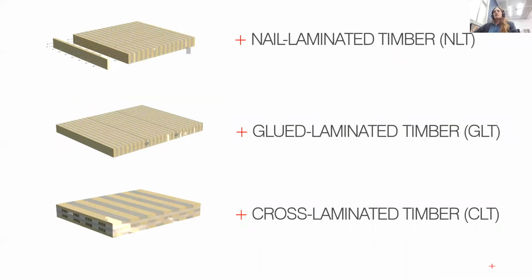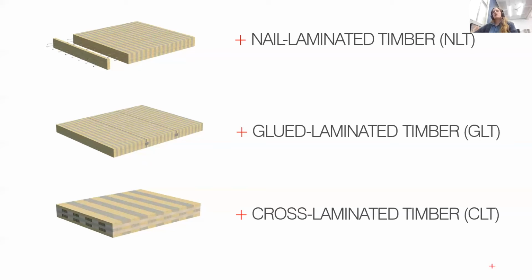So mass timber, just so we're starting with the same vocabulary, a lot of times there are different acronyms getting thrown around when we're talking about mass timber. To start on the same page, I'm mostly going to focus on CLT in my presentation, but there are also alternate options for mass timber planks: NLT, which is nail laminated timber, and GLT, which is glue laminated timber.